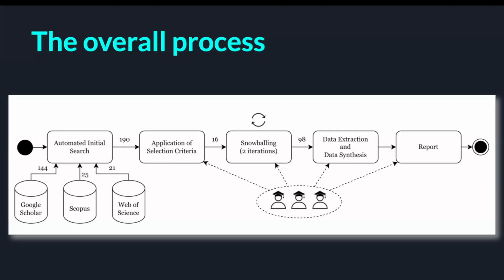Then you apply a certain number of selection criteria. So this is the process where you pass from the potentially primary studies, which you get in the first step, to having the primary studies. So you select basically the studies you want to include in your literature review. Then you do the snowballing, which is a process with which you can get more literature, which you didn't find with the automated search. Then you extract data from the papers and you write your final report.